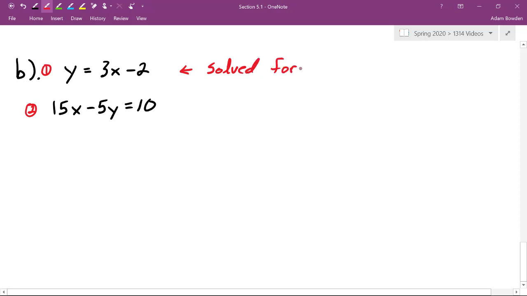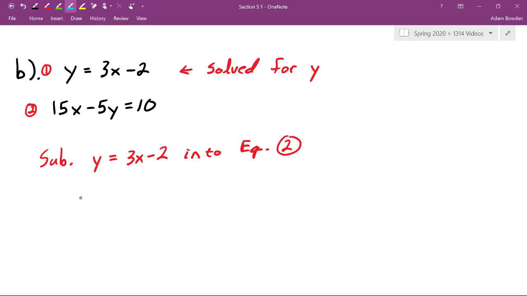So since it's already solved for y, we can substitute y equals 3x minus 2 into equation 2. If you'd like to try this as practice, go ahead and pause the video, and in just a second I'll work through it. You can practice it, and when I come back I'll work through how this one would go from here.